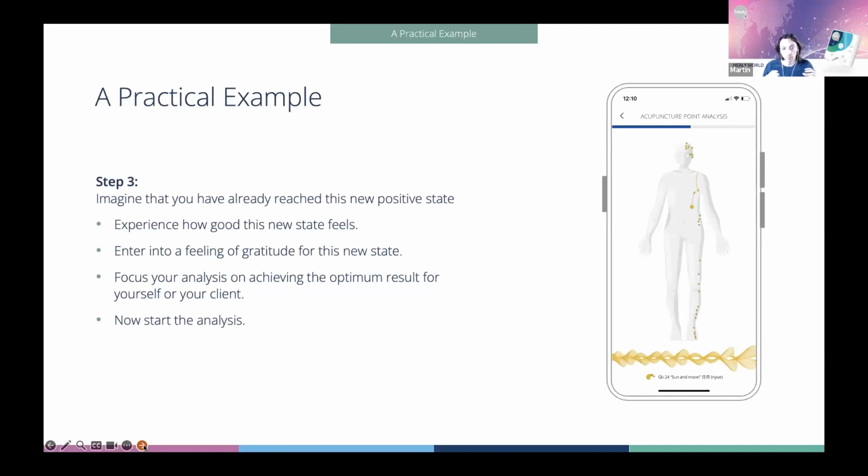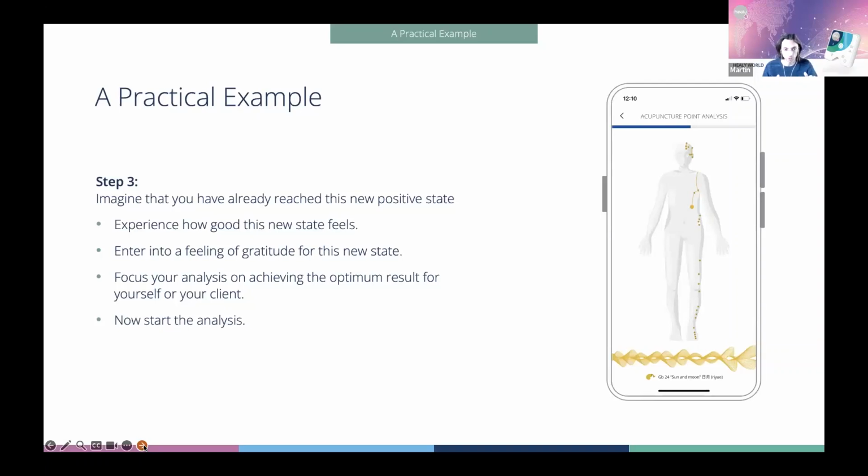To have the optimal result is a neutral state, because what people often do wrong when they start to work with focus text is they try: I want to help this person, or I want to get rid of something, and they really try to force it. But that's not how it works. It's the positive state you envision, but then you want the optimal result.